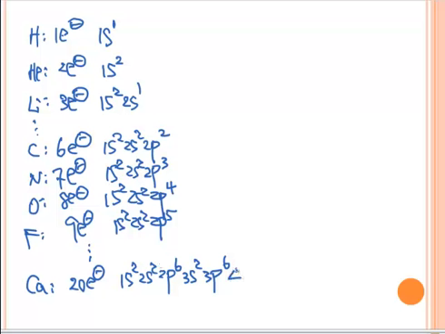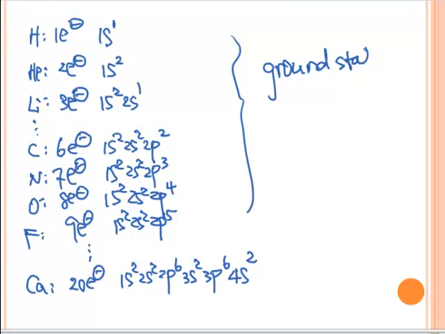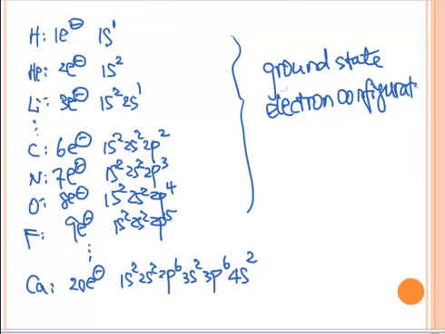The next one will be 4s, and this will be 4s2. All of those is what we call the ground state electron configuration for the element. Basically, you have to apply the Aufbau Principle. You always fill them from the bottom up.